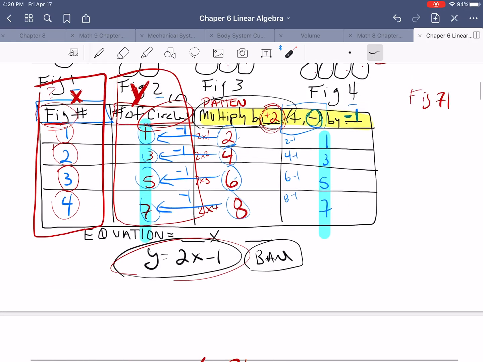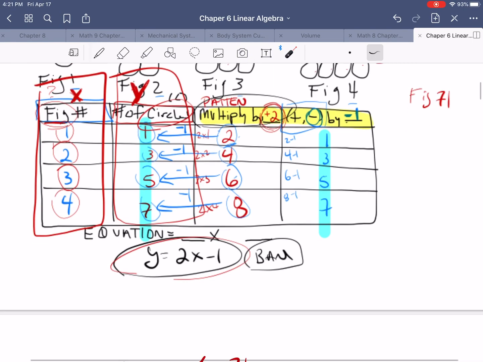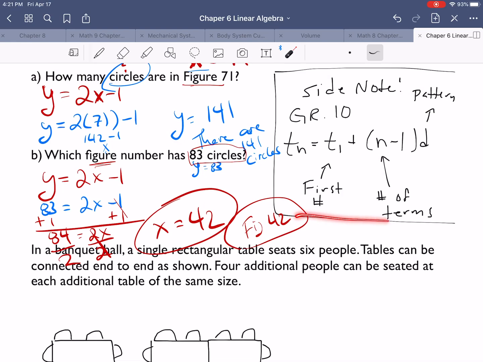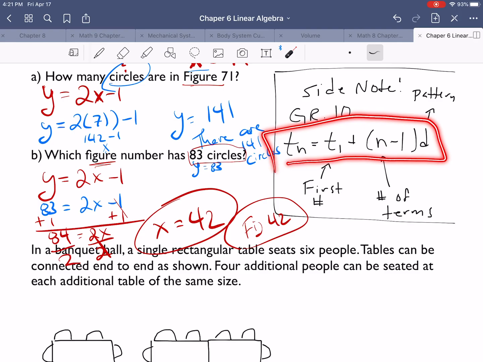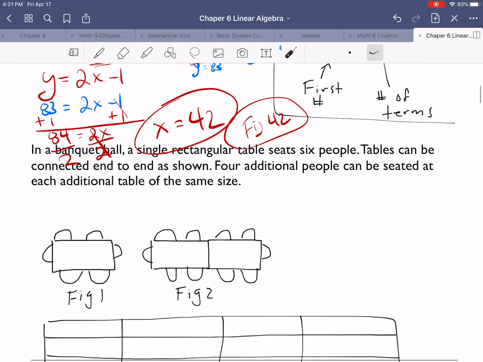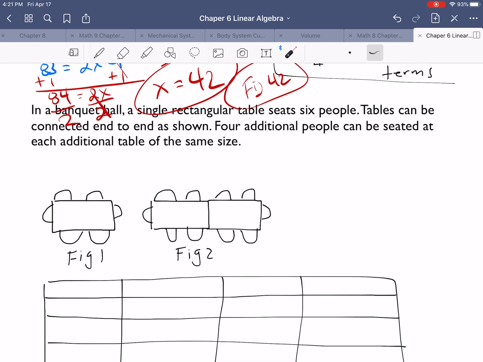So if we went up here, our first number in our pattern is 1. And then this is the number of terms minus 1 times the pattern number, which is there. In the long run, you can use this formula to build the linear equation. You're going to see this formula at one time. It's a little more complicated. We don't do it in grade 9. Anyway, that's how you solve for when you have all that.